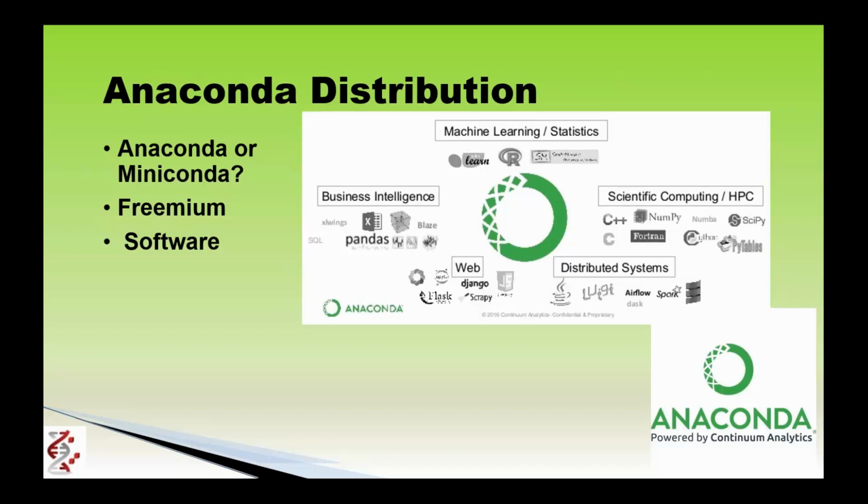It installs all of these packages so that you don't have to do it again. Miniconda installs a lot less. It doesn't install every package under the sun, so if you need the libraries later, you have to install them, which is why it's called Miniconda. It doesn't install all of the Python components.